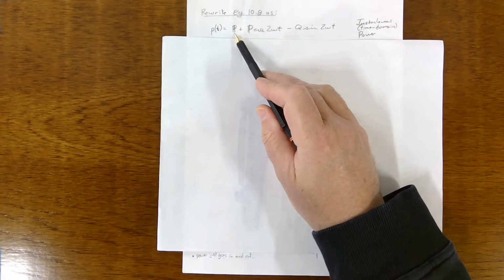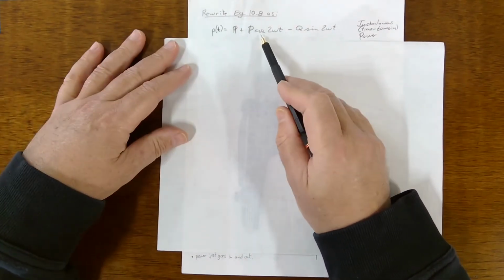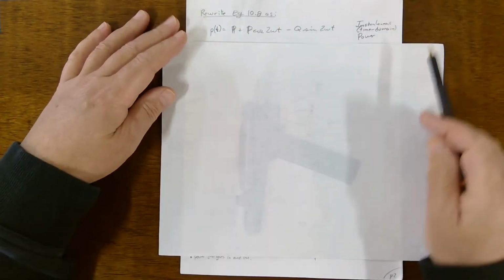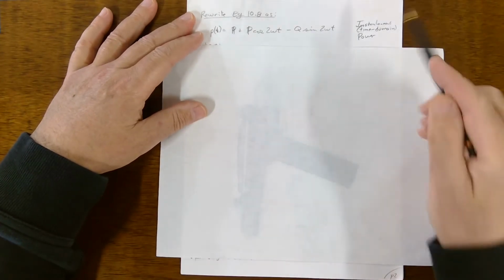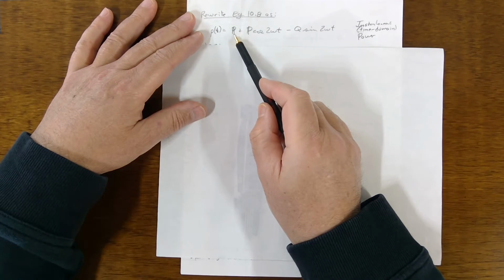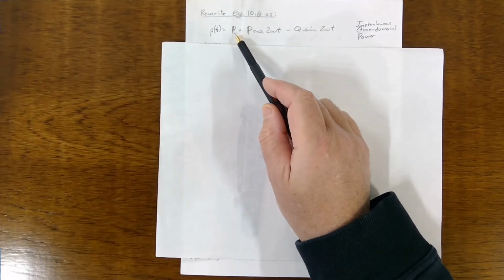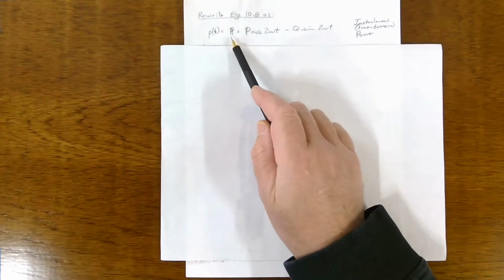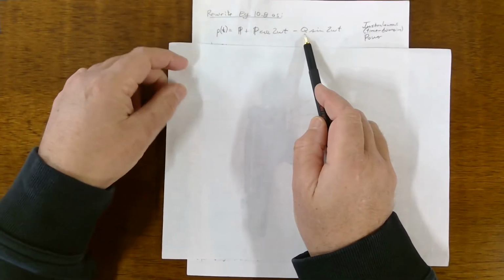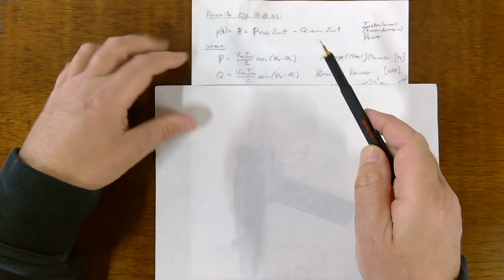It looks like this: big P, Q, and our cosine and sine functions. So this is also instantaneous time domain power, but we've just named these big expressions. We've called this one big P, and we called the other one Q. So we have names for these things.